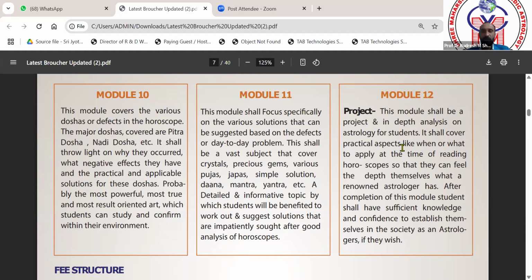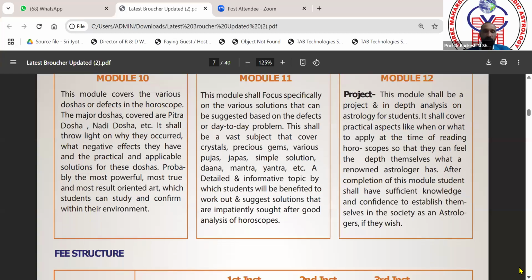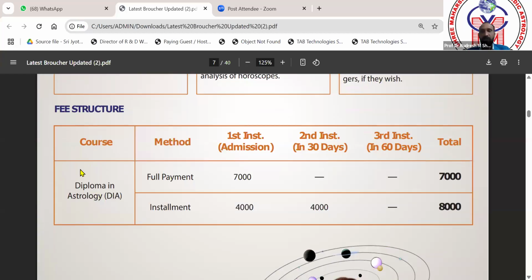And module 12 consists of different case studies where you will be able to understand how to analyze the horoscope, how to read the horoscope, and how to predict the horoscope. With all the remedial measures, you can give a proper solution at the very basic level. The fees for this particular course is 7,000 in one-time payment.